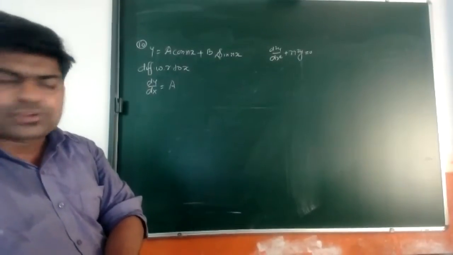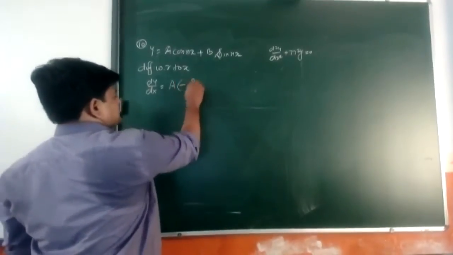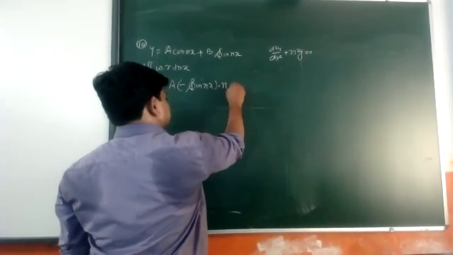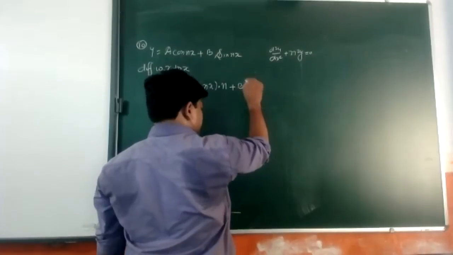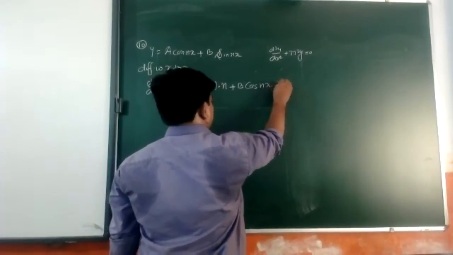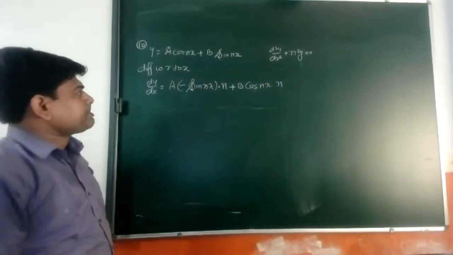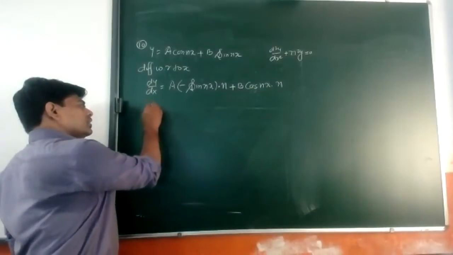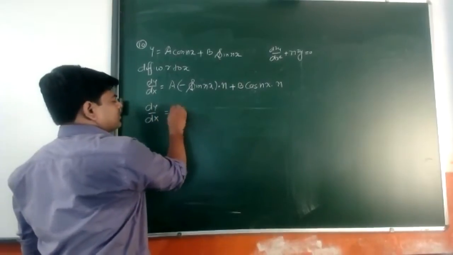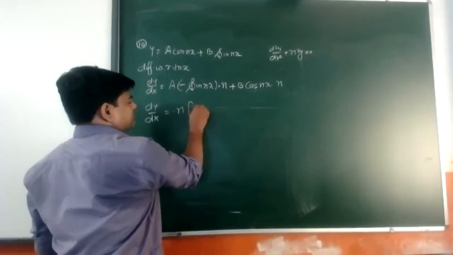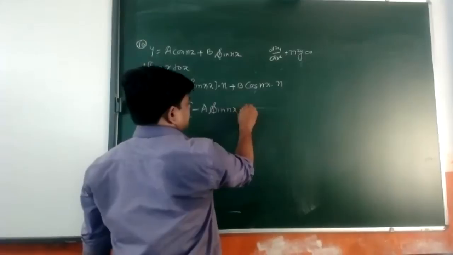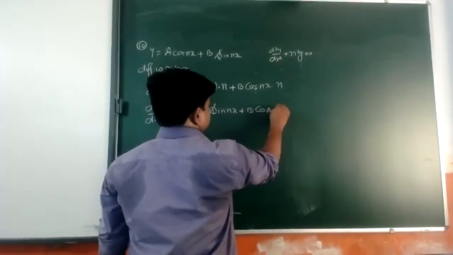Since we are having n as a coefficient, I can write minus sin nx into n, plus b, differentiation of sin x is cos x, so cos nx into n. Now, if I take n common, after taking n common, I have minus a sin nx plus b cos nx.